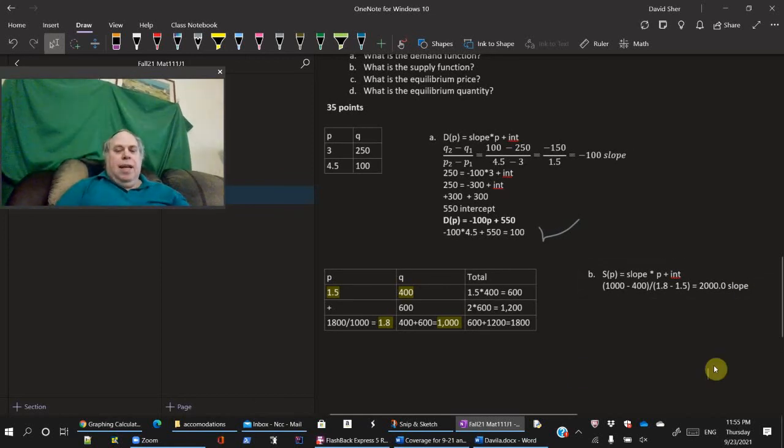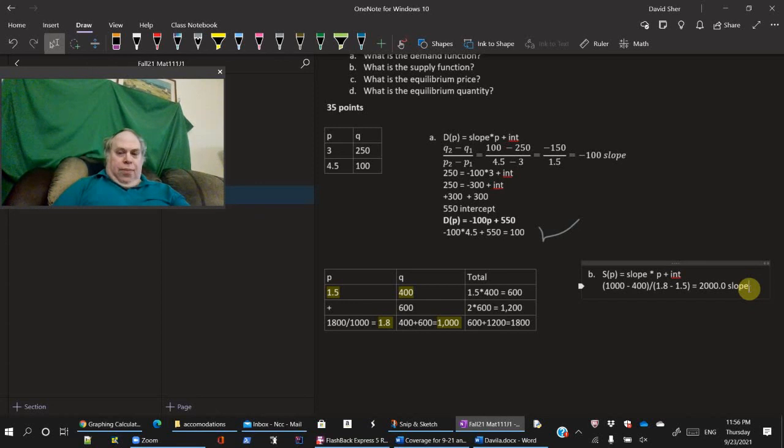Now, it's positive because the more I'm willing to spend, the more suppliers I can get to give me stuff, so the more I can buy. As I'm willing to spend higher and higher average prices, I can use more and more expensive suppliers and have access to greater and greater supplies.